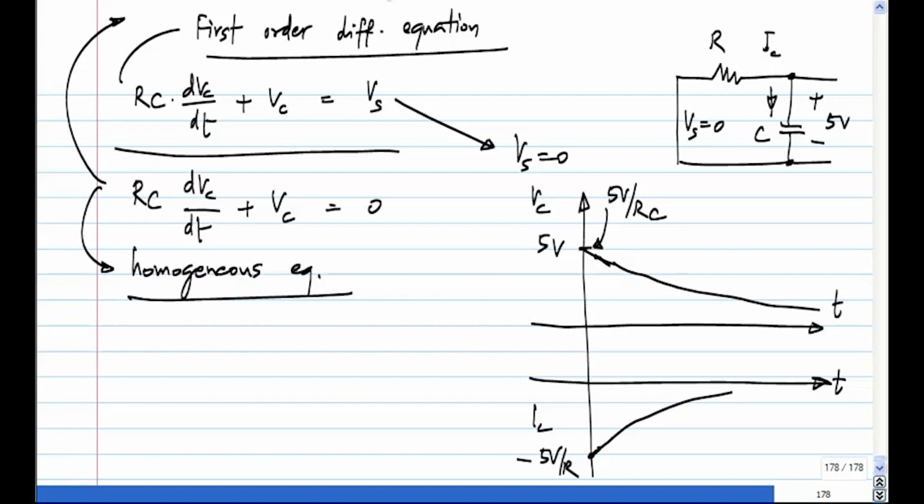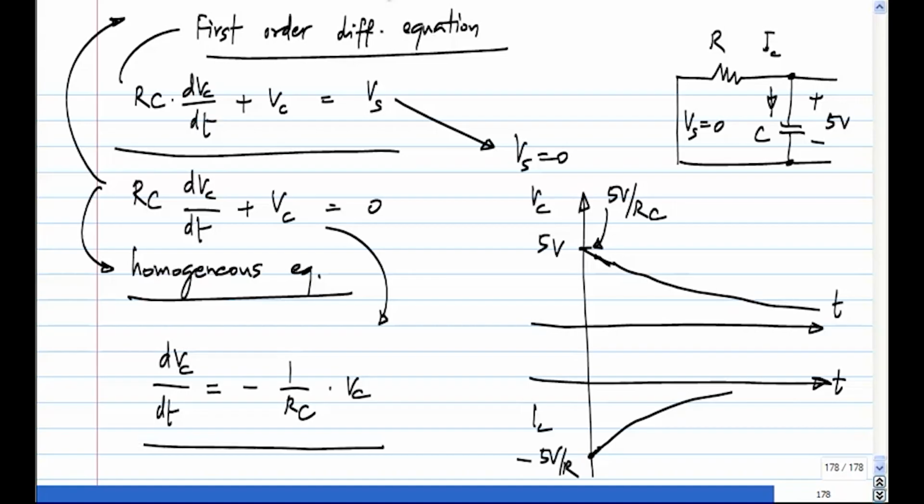So if I rearrange this now, I get this expression which says that the derivative of some variable Vc is some constant, minus 1 by Rc, times the same variable.